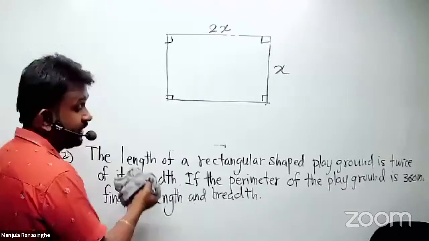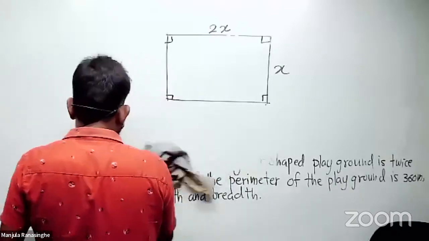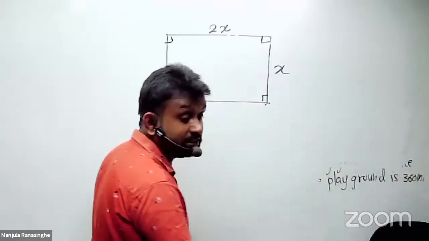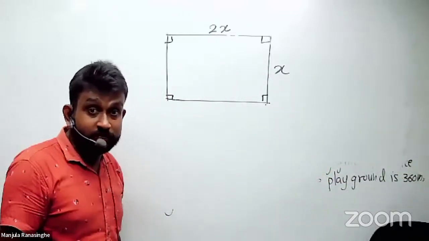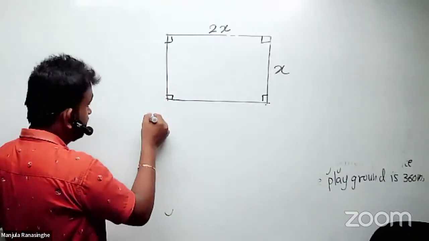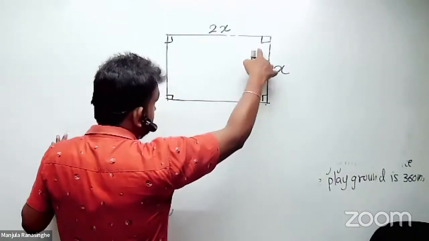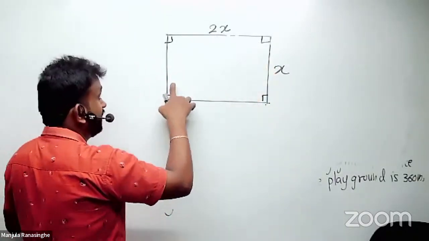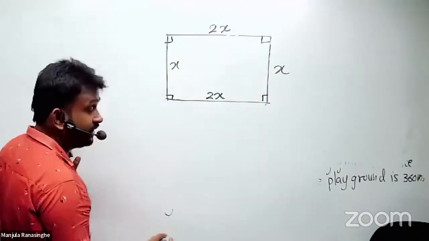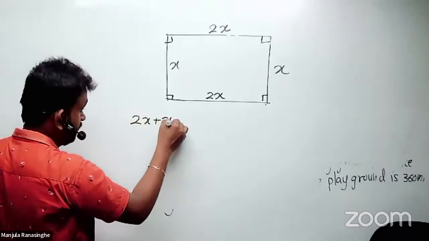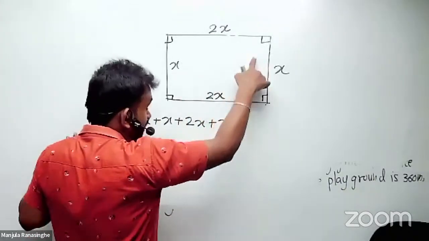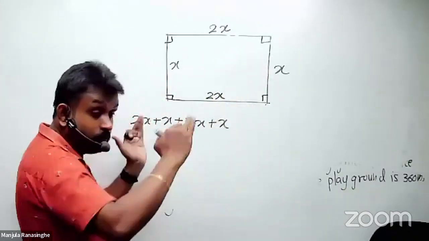Now they have given the perimeter of the playground as 360. In terms of x, write an equation for the perimeter. Here 2x plus x, here also 2x plus x. So you add up all the outer lengths: 2x plus x plus 2x plus x, or length plus breadth, 2x plus x, multiplied by 2.